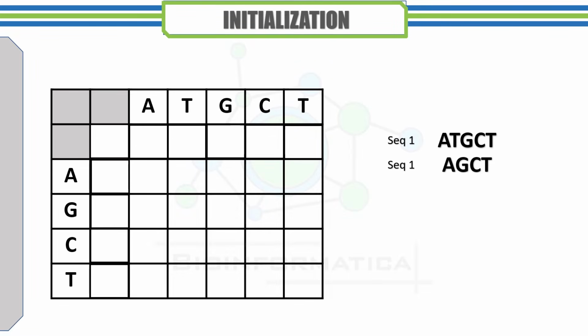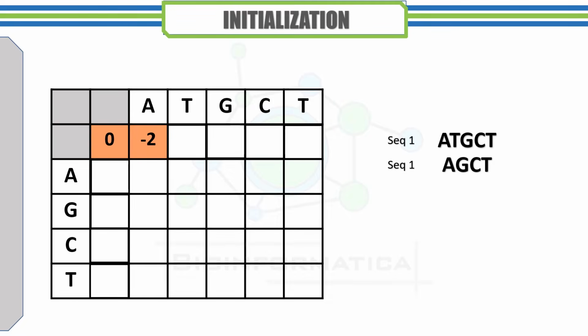So, let's start. As we know, we start the initialization step from the upper left cell. We start from 0 and move along the first row and first column, and while moving, we add the gap penalty to each step. While proceeding along the first row, we take the value 0 from the left and add the gap penalty of -2 to it, and we get -2.